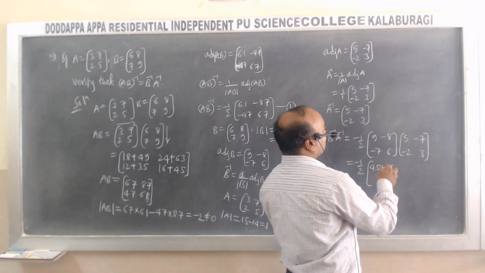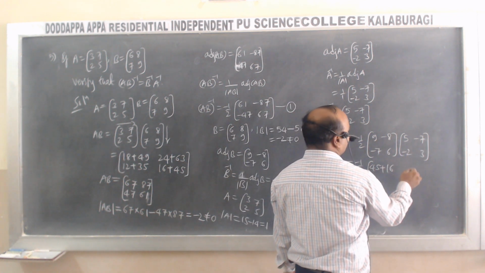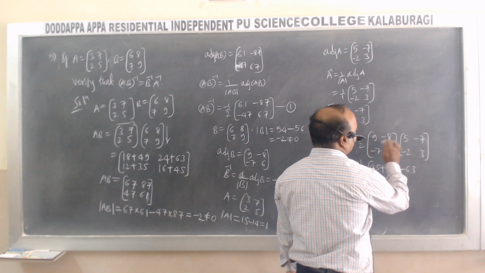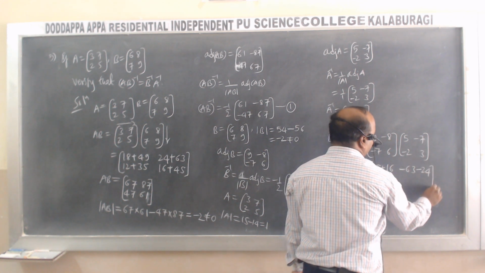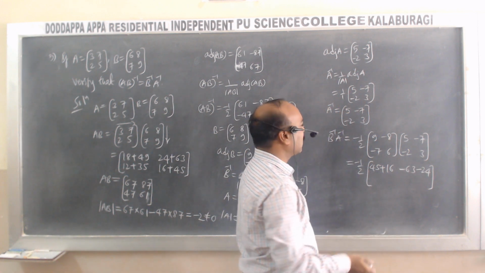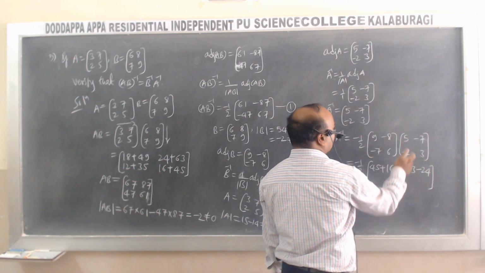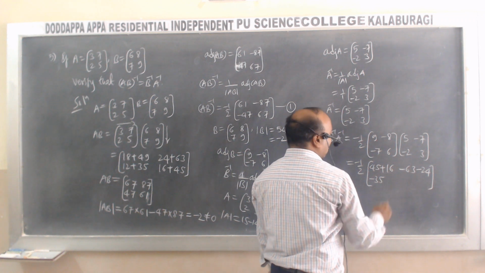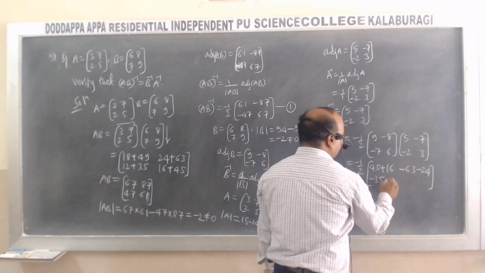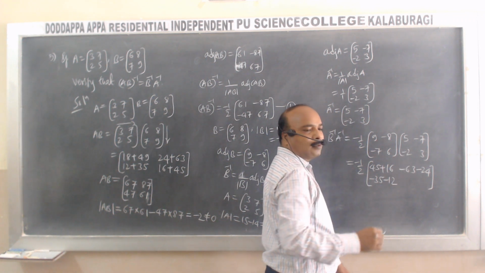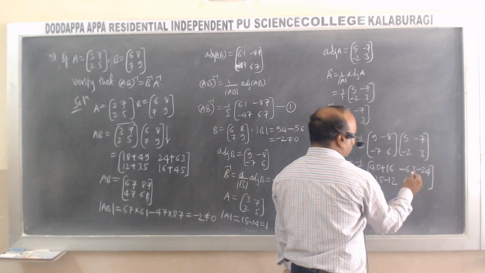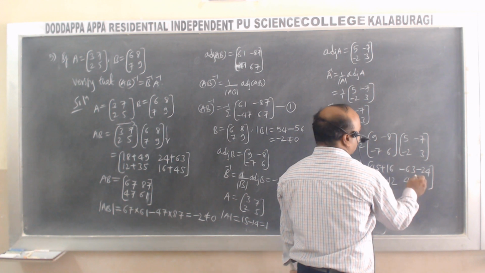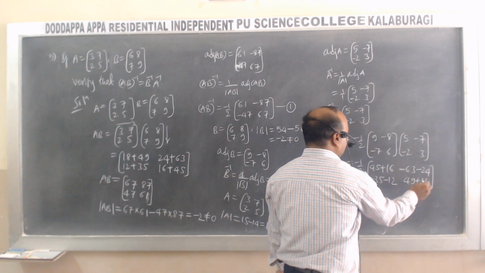Next, second column: 9 into minus 7, minus 63, minus 8 into 3, minus 24. Next, second row with both columns: minus 7 into 5, minus 35, 6 into minus 2, minus 12. Next, minus 7 into minus 7, plus 49, plus 6 into 3 is 18.